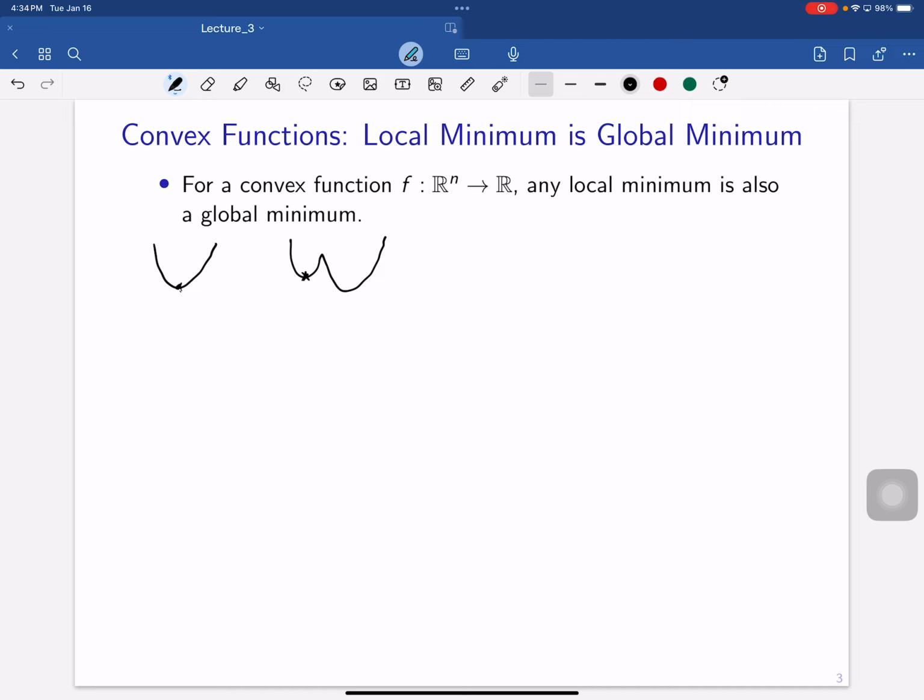Okay, just to remind you, what is the definition of a local minimum? We talked about it in the previous lecture.